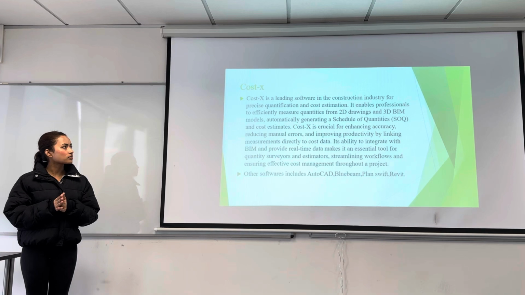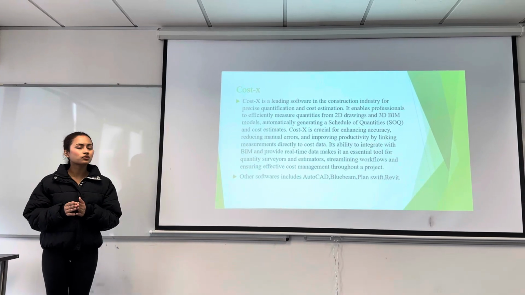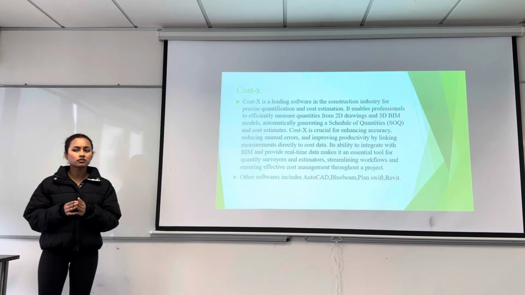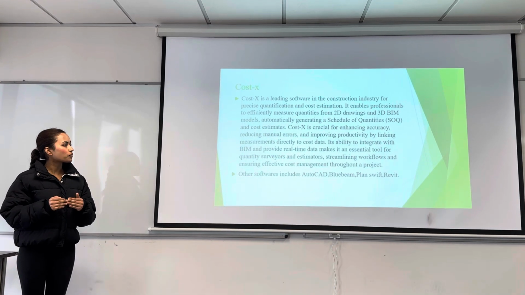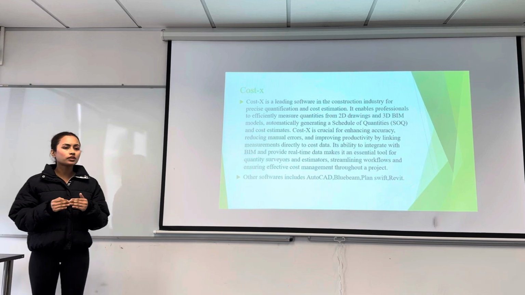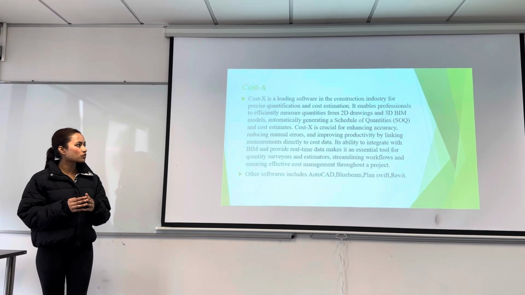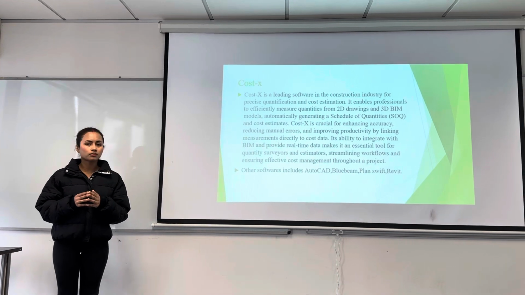QS6019 is a leading software in the construction industry for precise quantification and cost estimation. It enables professionals to efficiently measure quantities from 2D drawings and 3D BIM models, automatically generating a schedule of quantities and cost estimates.